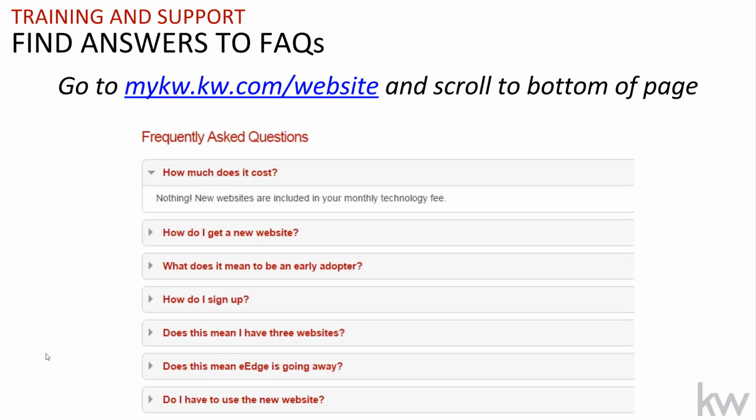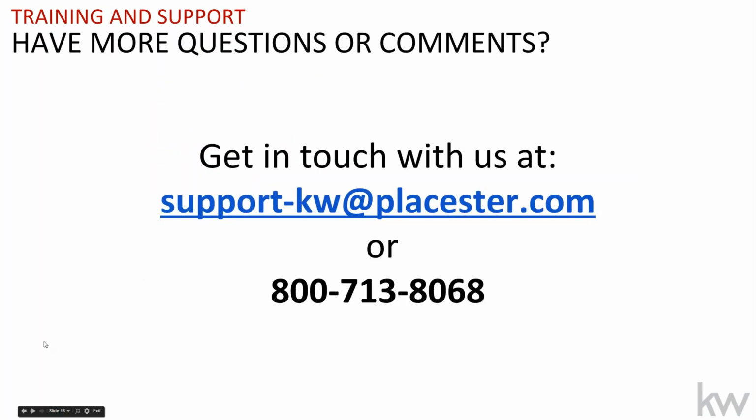We also want you to visit mykw.kw.com/website. That should be easy enough. Scroll to the bottom of the page, you'll find the frequently asked questions plus additional help and information. When you have problems, we're going to have you get in touch with our Playster group. We have support directly for the websites. We're going to get you help immediately.